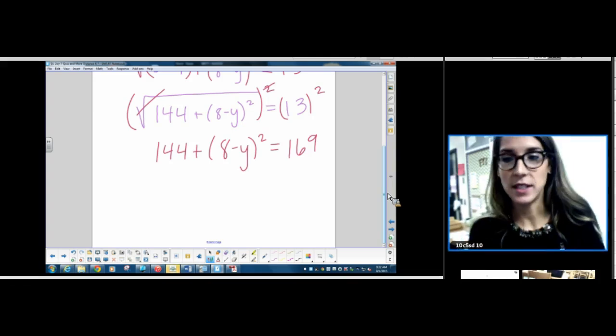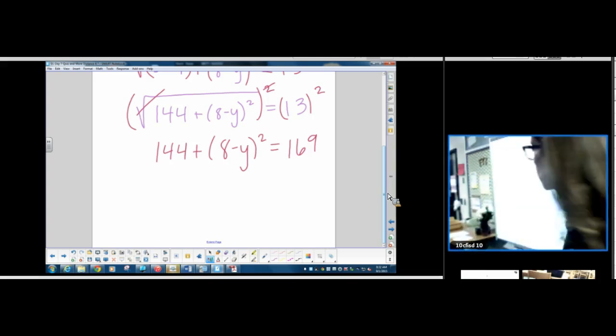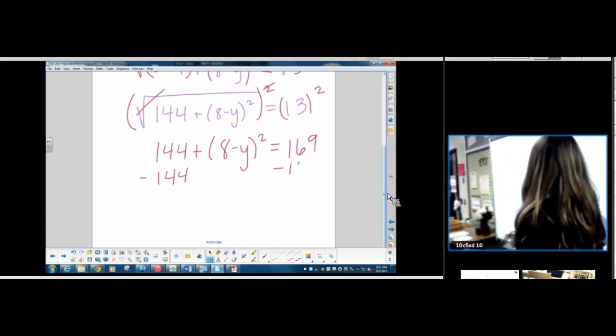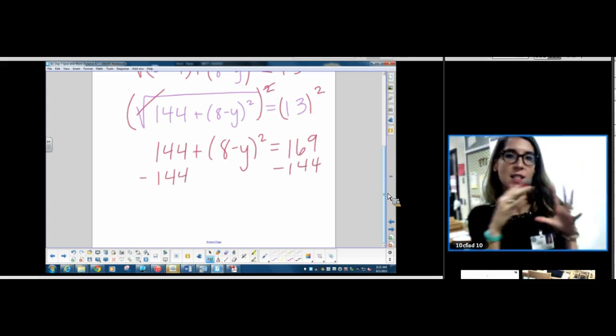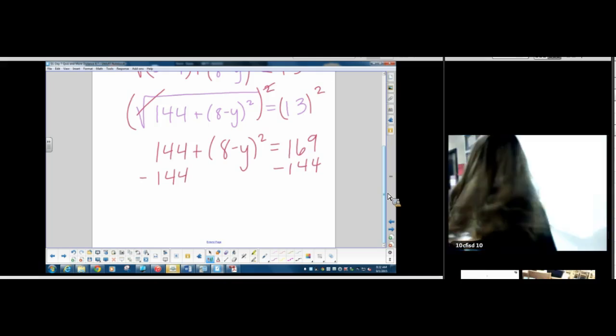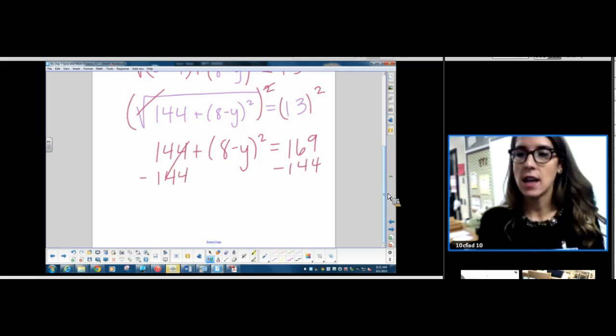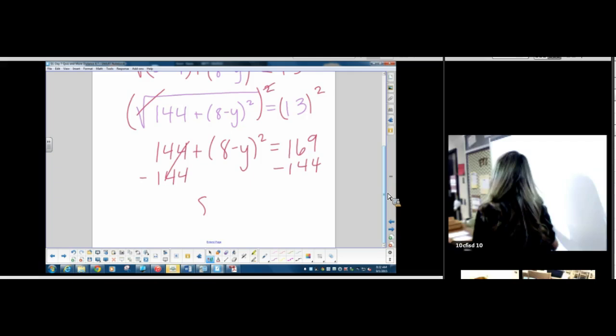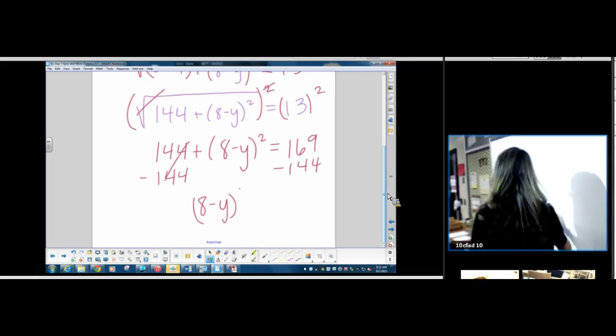Now let's do what you were saying. Now let's subtract 144 from both sides. We're slowly peeling away at everything that's surrounding y. We're doing it one term at a time. What is 169 minus 144? 25. (8 minus y) squared equals 25.